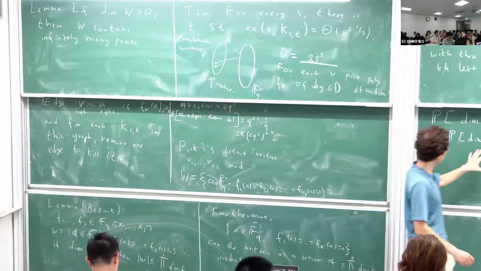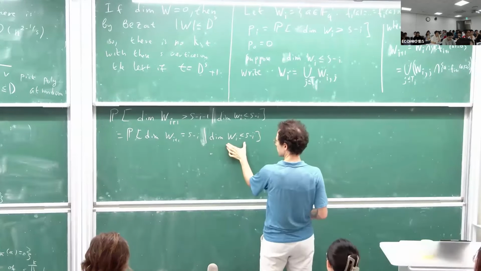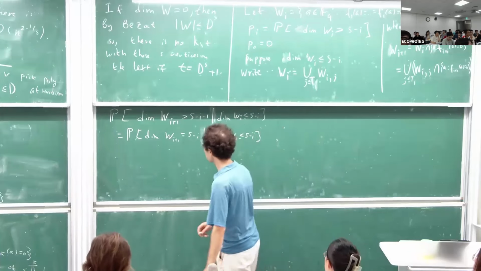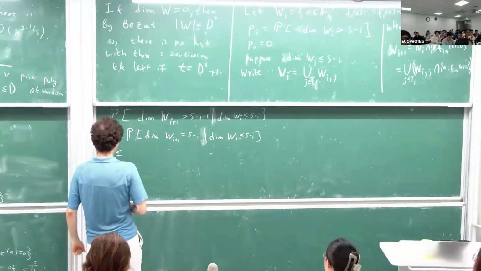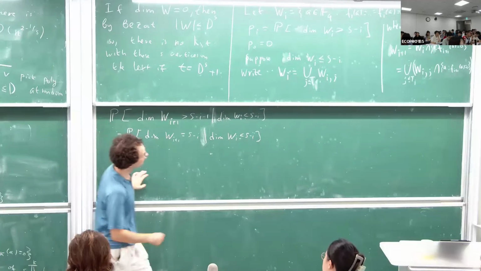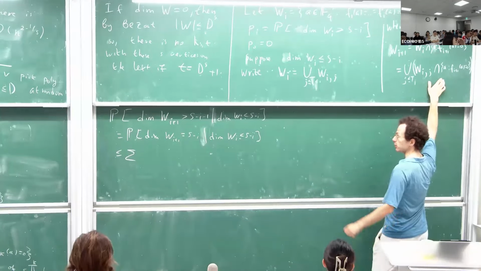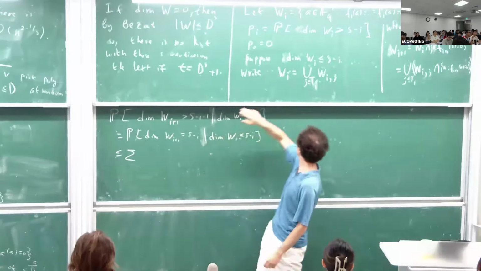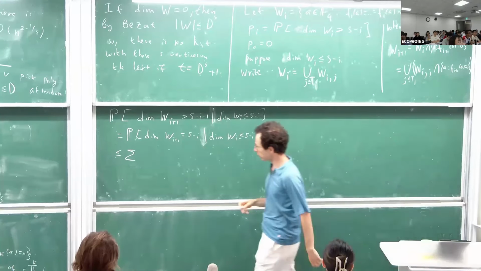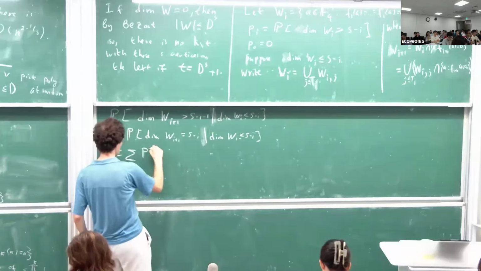Okay, so what's the likelihood that the dimension does not drop as we add this as one more equation? Well, it's at most, again by union bound, the probability that one of those pieces will have too large of a dimension, right? Because this W_{i+1} is the union of these pieces, and we are looking at the upper union bound.